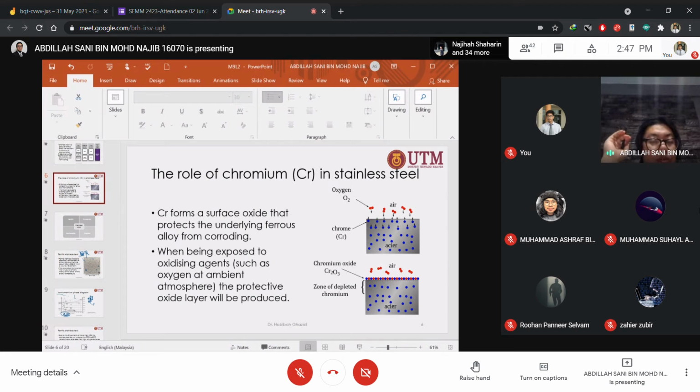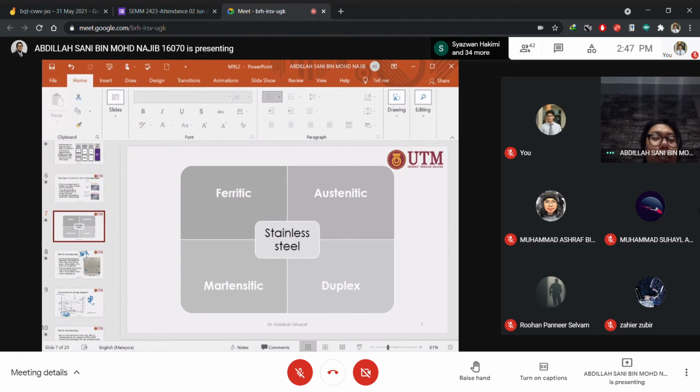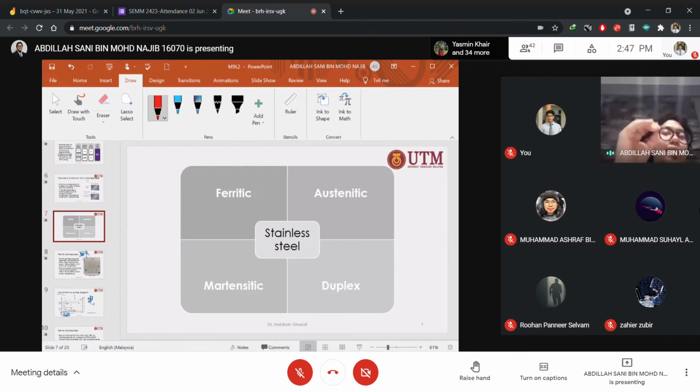The chromium forms chromium oxide, and this protective layer helps against oxidizing agents and prevents the steel from becoming corroded. This is where we are going to focus in this lecture.